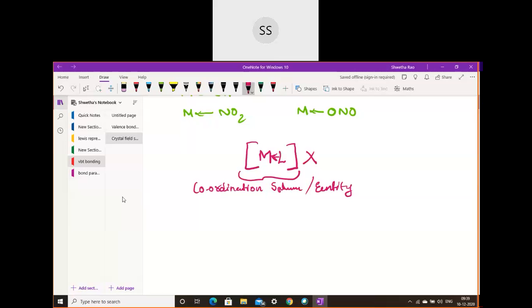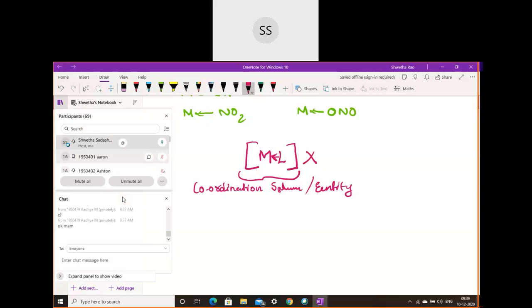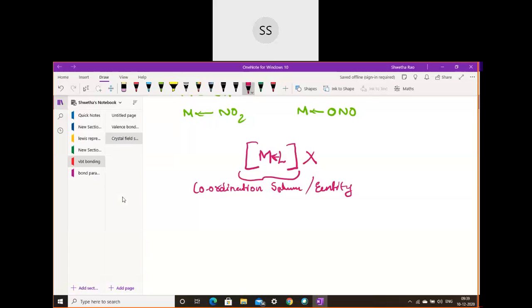So if you take a metal atom and the ligands attached to it and put them in a square bracket, then such a sphere is called a coordination sphere. It is even named a coordination entity. Coordination entity is one more name given to it.